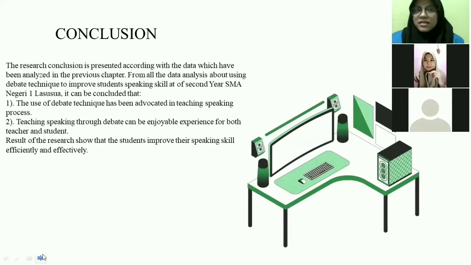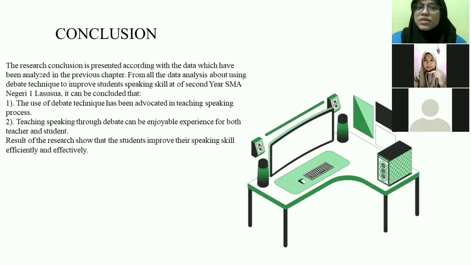Yes. Okay, I will conclude the presentation. The researcher's conclusion is presented according to the data which have been analyzed in the previous chapter. From all the data analysis about using the debate technique to improve student speaking skill at the second year of SMA Negeri 1 Lasusua, it can be concluded.